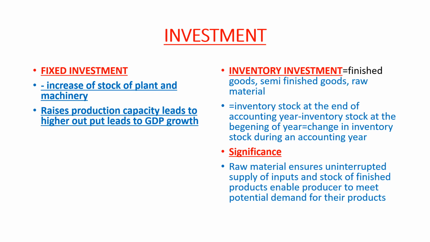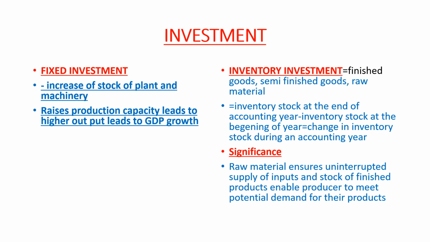Now we are talking about investment. Investment can be divided into two parts, fixed investment and inventory investment. Fixed investment means increase in stock of capital goods or plant or machinery. So if stock of capital increases, then it raises the production capacity, leads to economic growth because output also increases.